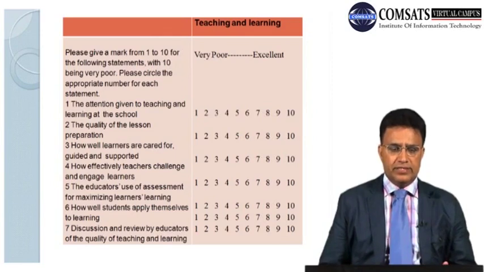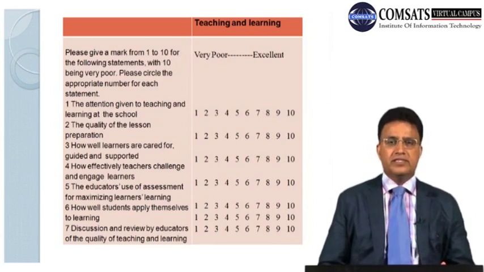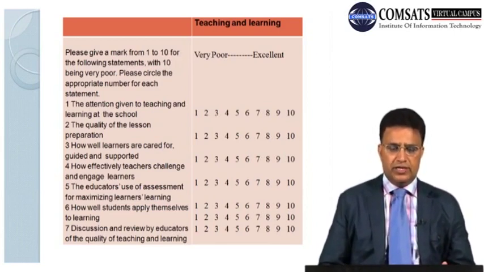Number 1, the attention given to teaching and learning at the school. So where would you give the value? Where would you circle? You can circle anywhere from 1 to 10. Some could say 9, others may say 2, or some other may say 5. The quality of the lesson preparation, again from 1 to 10. How well learners are cared for, guided and supported in your institution.